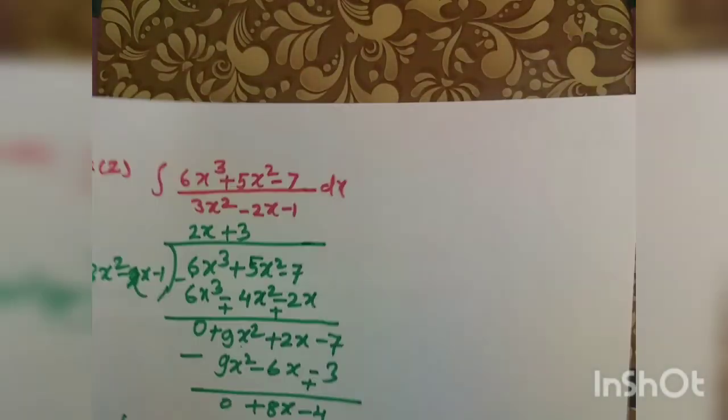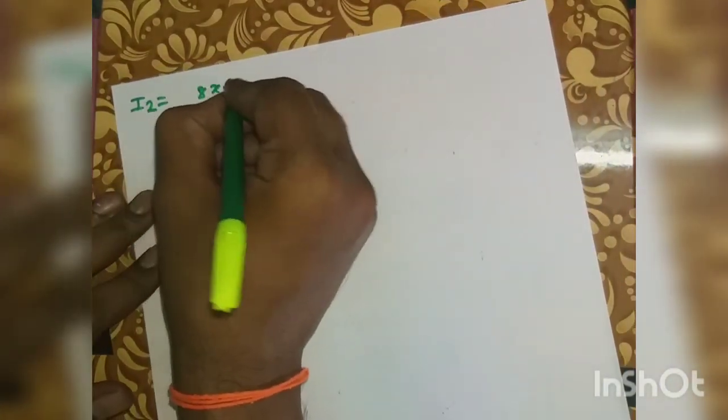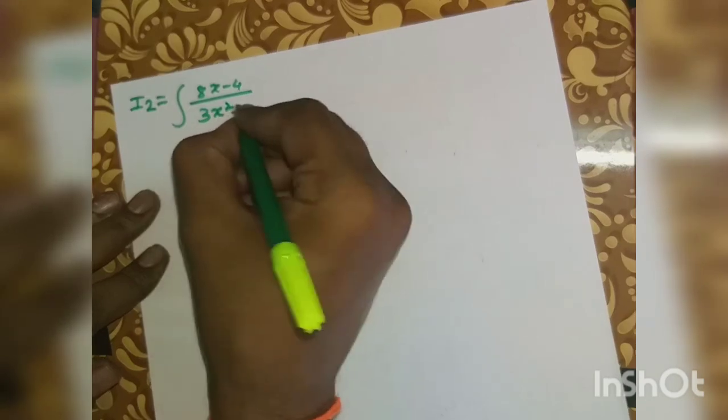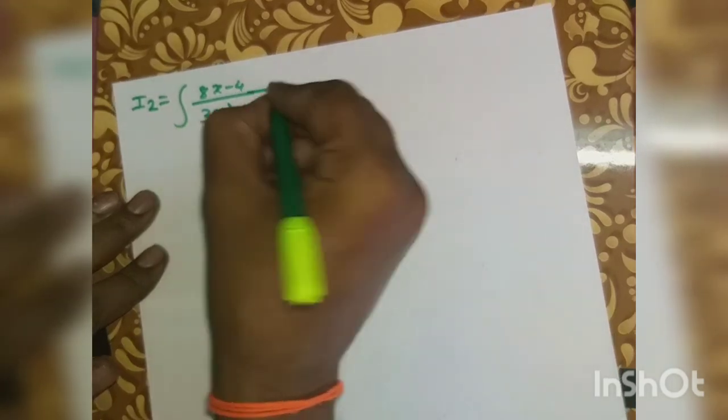I2 is equal to the integral of the numerator 8x minus 4 divided by g of x, which is 3x squared minus 2x minus 1, dx.